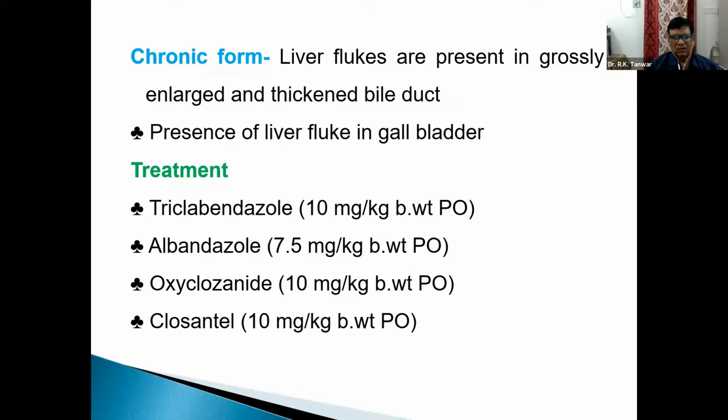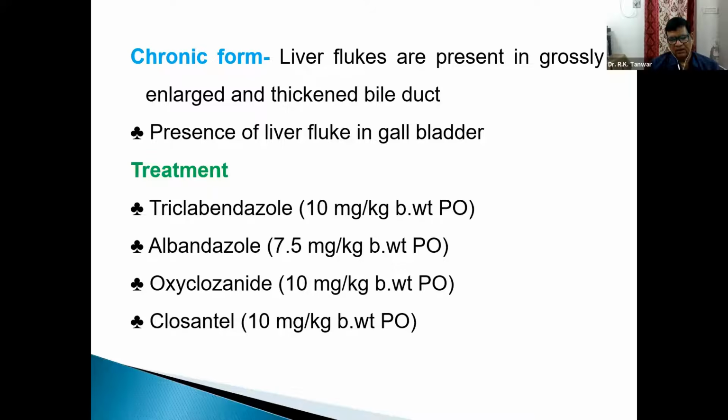In chronic form, the liver is grossly enlarged, bile ducts are thickened, and I have even seen liver flukes in the gallbladder. Here is one important point for field vets: they understand that a broad spectrum dewormer takes care of all these nematodes, trematodes, and cestodes. This is not the truth. For liver fluke, there is one specific drug, triclabendazole, which is effective against mature and immature flukes.